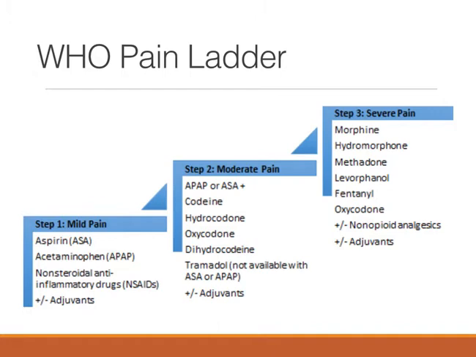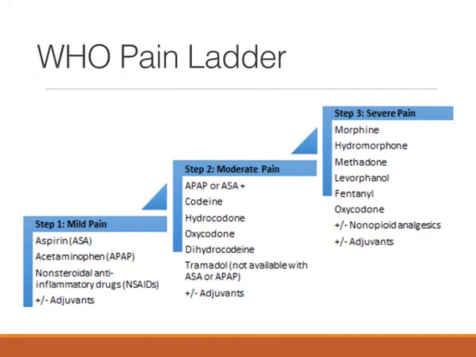And then once you get to a patient that is reporting severe pain, that's when we're going to go to the big guns. And usually if it's severe pain, we're going to try IV because if someone's in severe pain, we want their relief to be fast. Or we could also do IM injections. We're going to use drugs like morphine, hydromorphone, methadone, fentanyl, oxycodone.